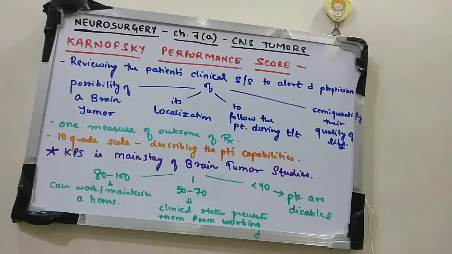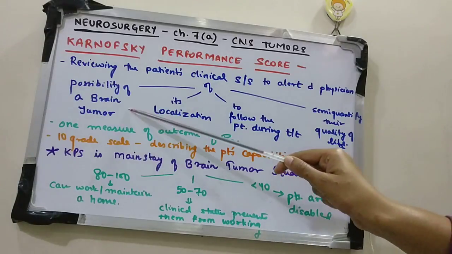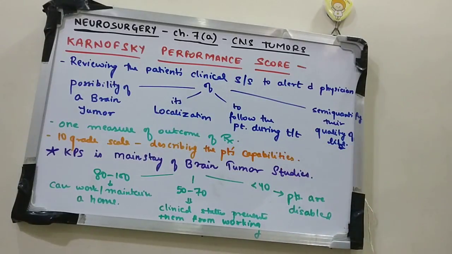Okay guys, now let us discuss a very important scoring system related to CNS tumors known as the Karnofsky Performance Score. In the KPS, the physician assesses the patient's clinical symptoms and signs, and these clinical symptoms and signs alert the physician to the possibility of the occurrence of a brain tumor in the patient.